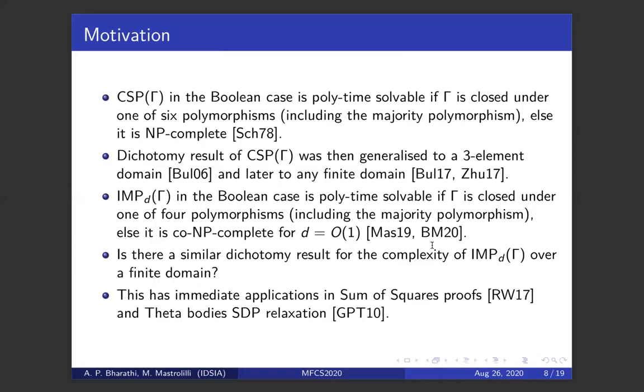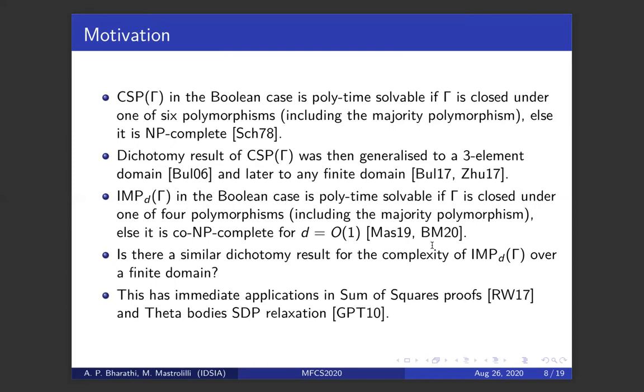A dichotomy theorem for complexity of IMP0 of gamma was established in 2006 for a 3-element domain, and in 2017 for any finite domain. Recently, it was found that the complexity of IMPD of gamma also has a nice dichotomy theorem for constant D, that IMPD of gamma is polytime solvable if gamma is closed under one of 4 polymorphisms, including the majority polymorphism, else it is co-NP complete.